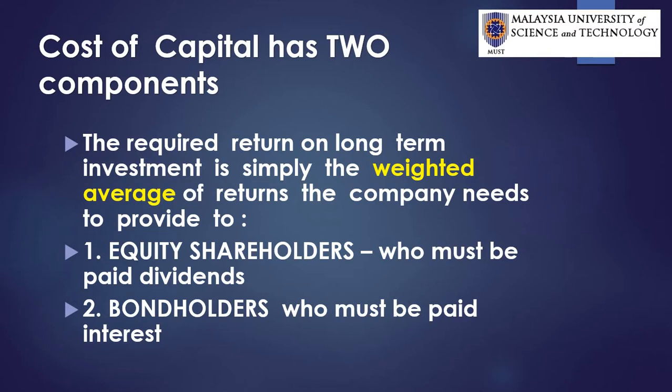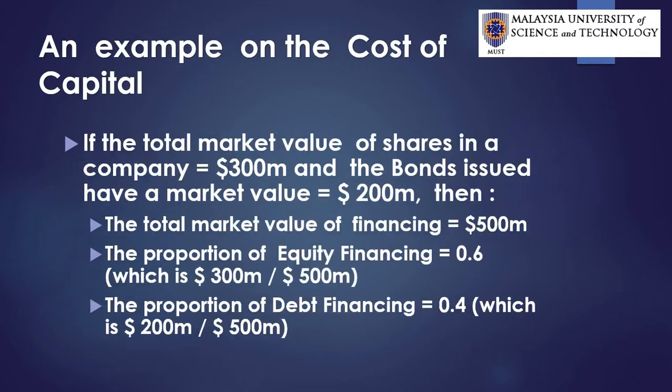So if the market value of equity is 70% of the total market value of the company and bonds represent 30% of its market value, the weighting will be 0.7 to equity and 0.3 to the bonds for whatever returns that we want. Let us take an example so that this will become clearer.